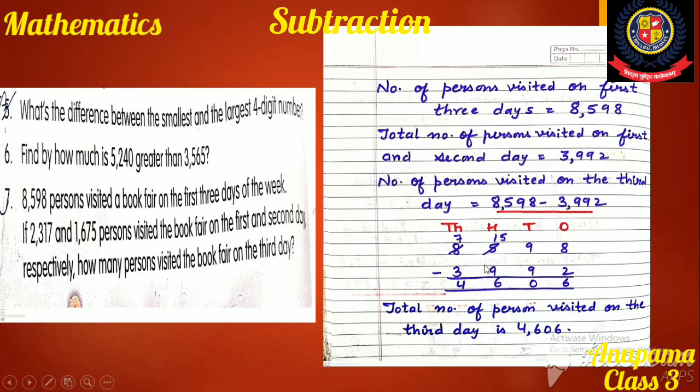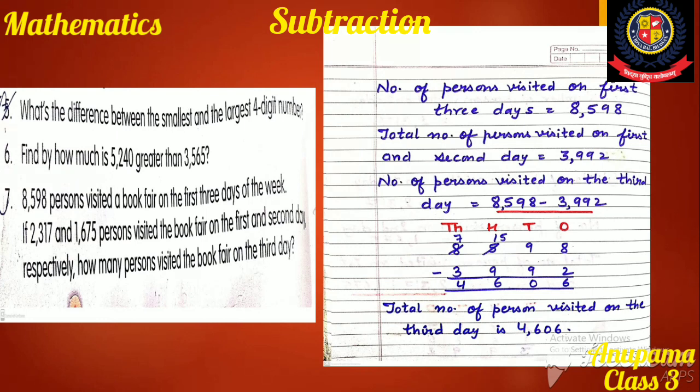Now we can subtract 9 from 15. So here 6 is left. So write 6 in 100 column. And now 7 minus 3, that is 4. So write 4 in 1000 column. So total number of persons visited on the third day, that is 4606. Okay. So it was question 7.